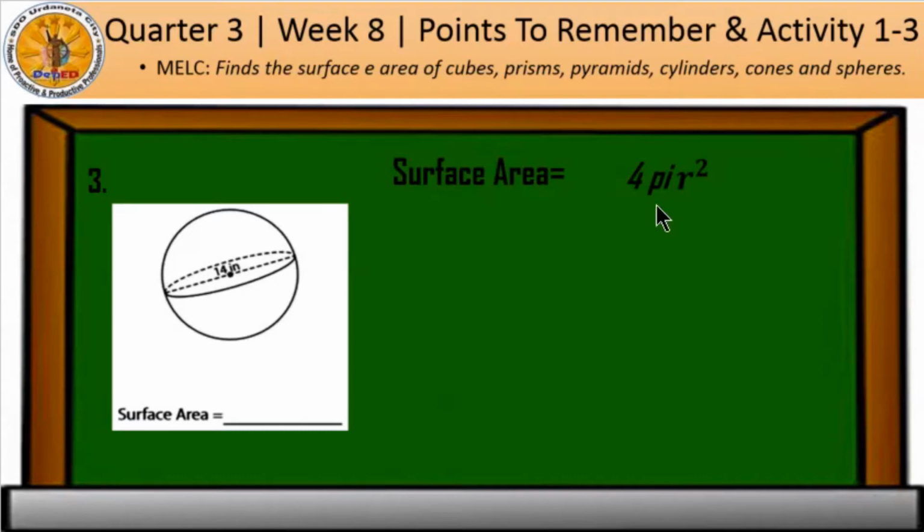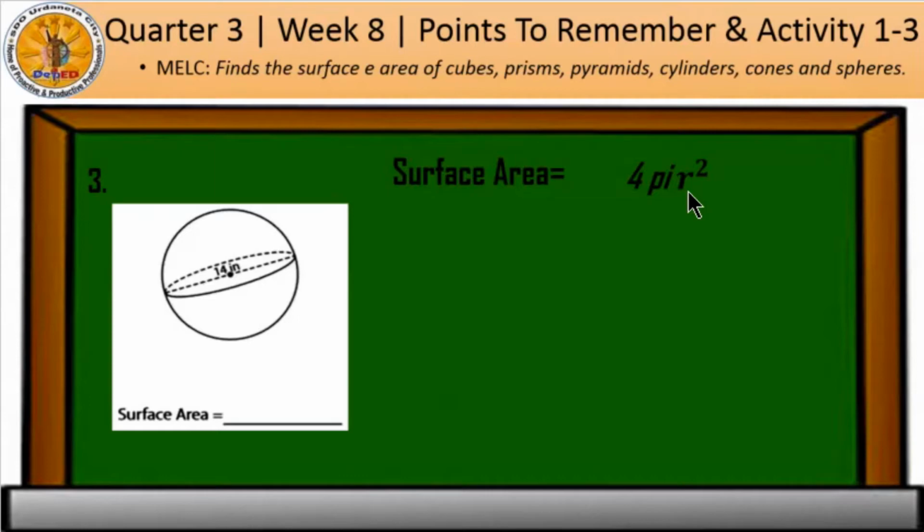But in our formula, what we need is the radius. Since radius is half of the diameter, let us just divide the diameter into 2. So 14 divided by 2 is equal to 7. So our radius is 7.